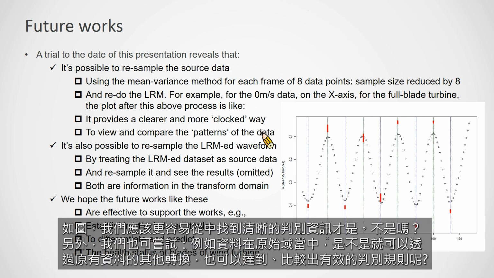And it's also possible, of course, to resample the waveform after the local regression method is used. We hope future works like this are effective to support works such as establishing the judgment rules to differentiate and predict the health status of blades of wind turbine.